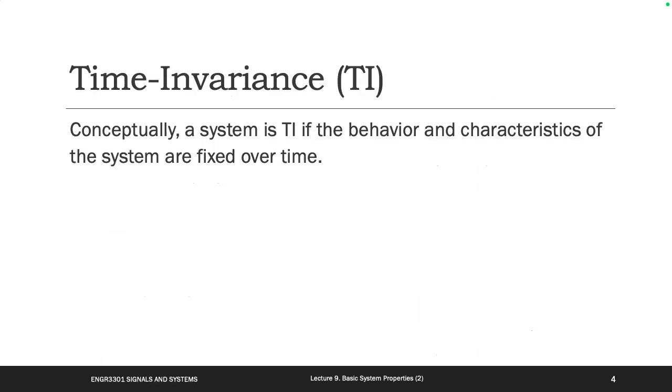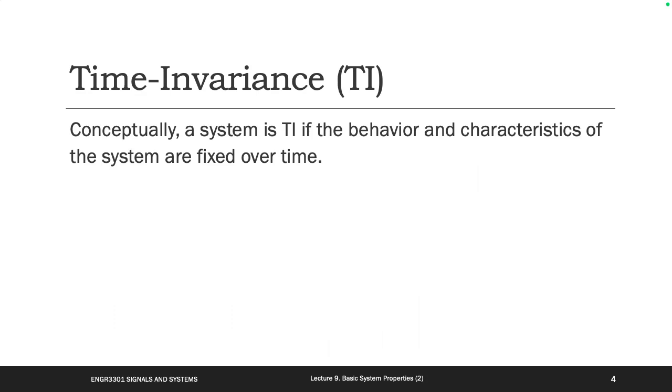Okay, let's talk about what is time invariance. We also call it a TI system, time invariance. Conceptually, a system is TI if the behavior and the characteristics of the system are fixed over time.